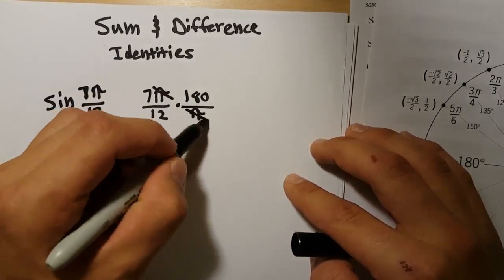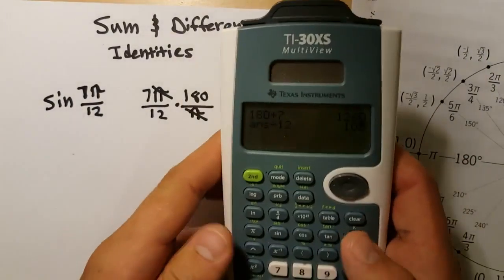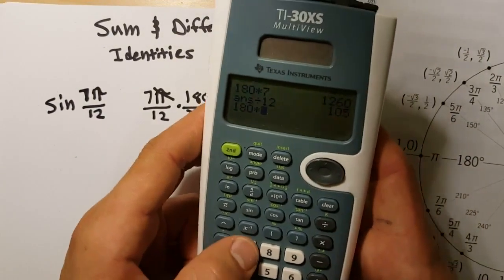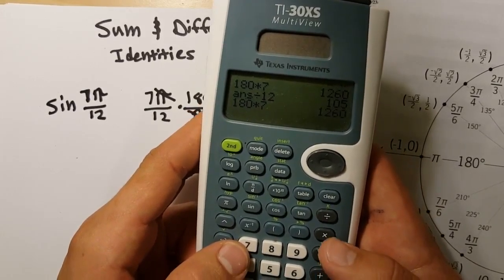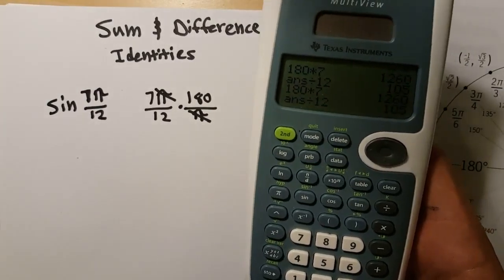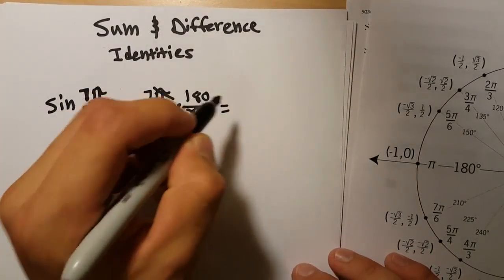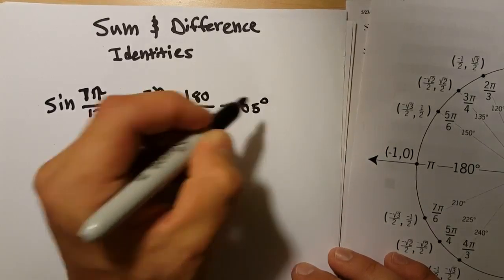This will cancel out the pi's, and 180 times 7 is equal to 1,260, divided by 12 will give me 105 degrees. So this will equal 105 degrees.